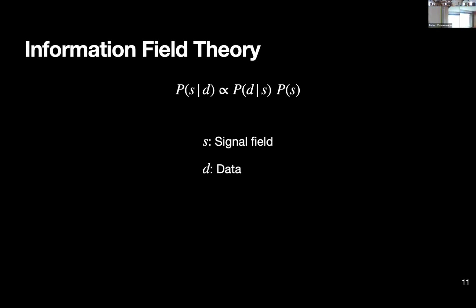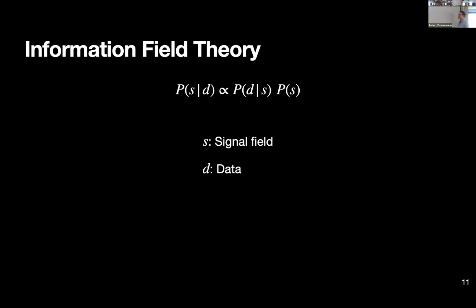I'm part of the information field theory group, in short IFT. And what we do there is Bayesian inference for fields. So at the center always stays Bayes' theorem, where we have two parameters in the formula. One is S, the signal field, so the thing that we want to reconstruct. And the second thing is the data.